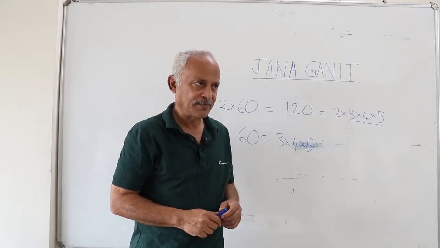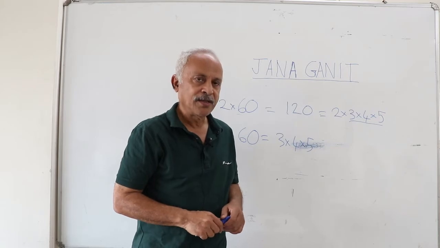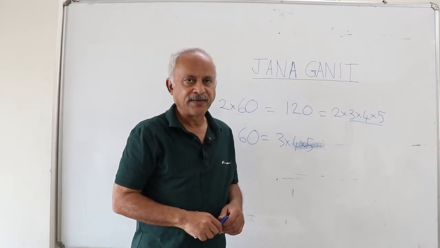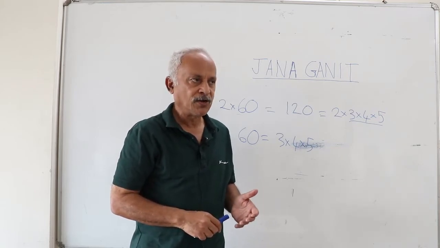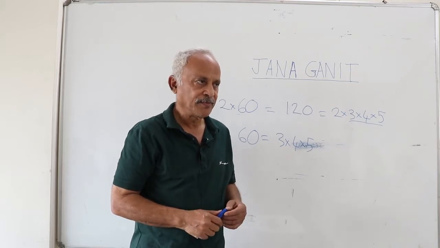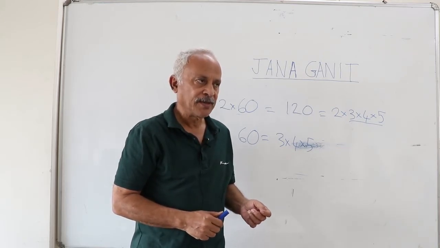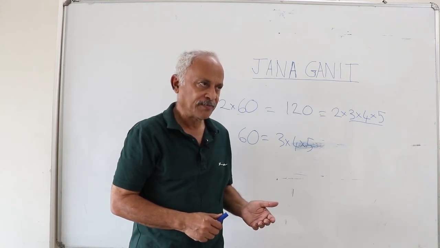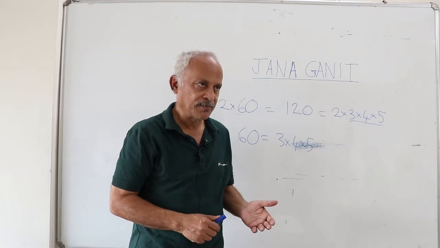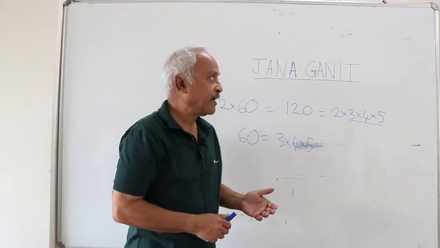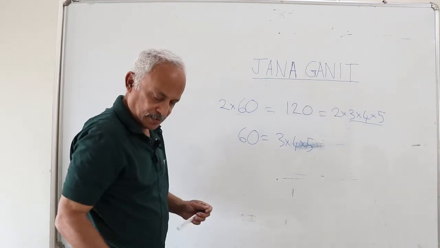So now let us see how to use a calculator to factorize various numbers. Okay? The way to do it is like this. You start out with the number and you divide by the prime numbers starting from the bottom. So let me write the prime numbers here.